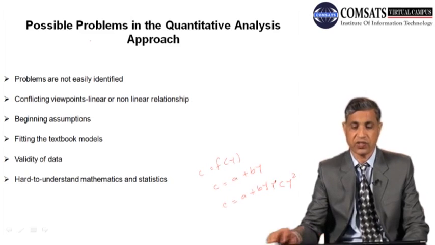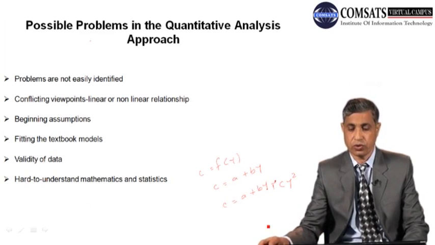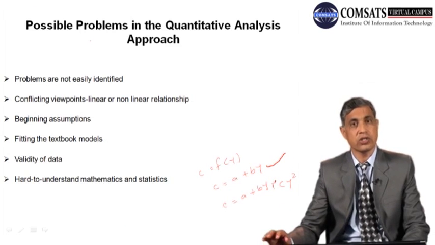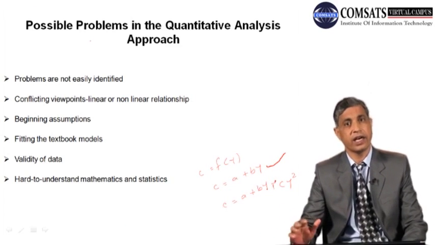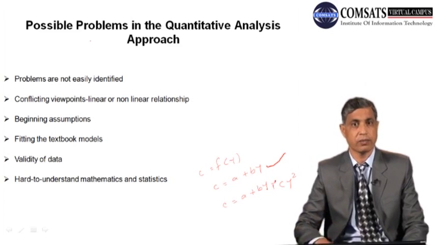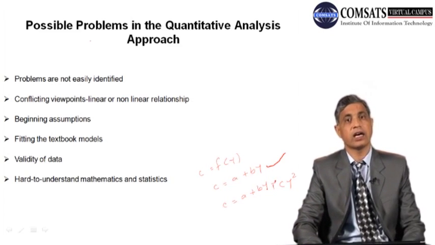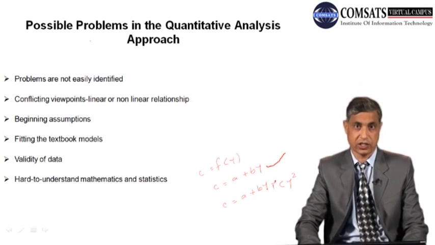If you look at the first one, you will come to know that this is a linear relationship. This shows the linearity between the independent variable, that is the income, and the dependent variable, that is the consumption.